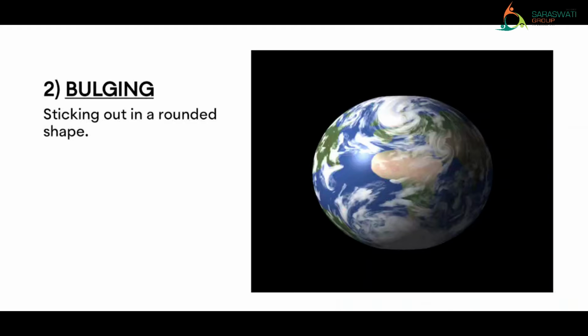The top and bottom, that is north and the south, is slightly flattened. But in the center, that is east and west, it is bulging. Bulging means sticking out in a rounded shape.